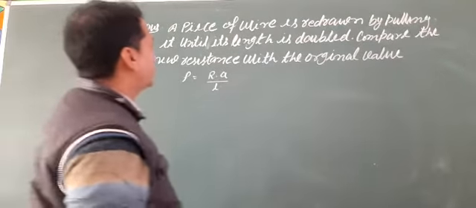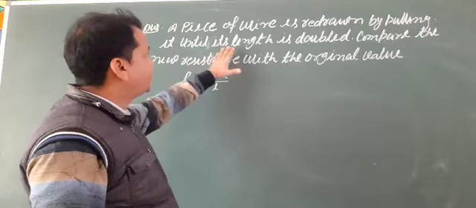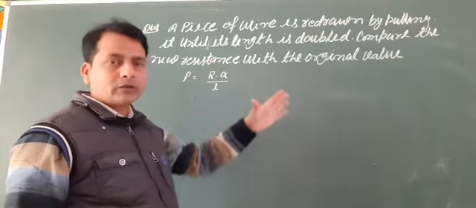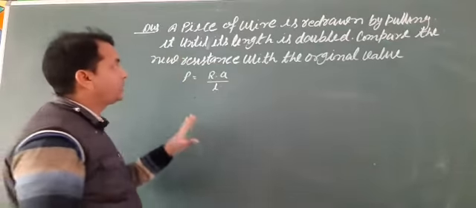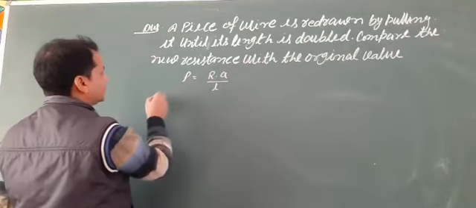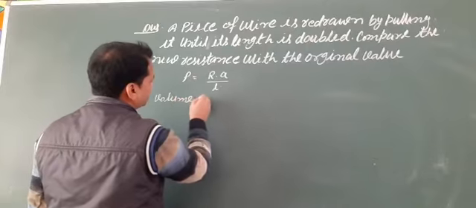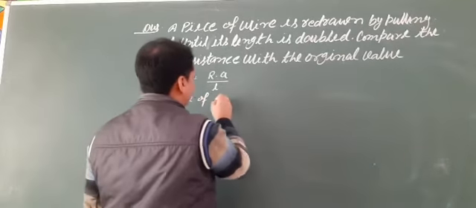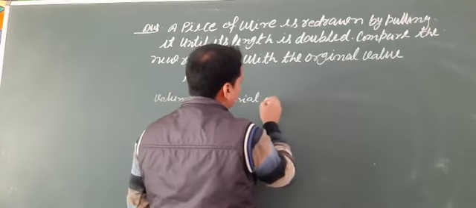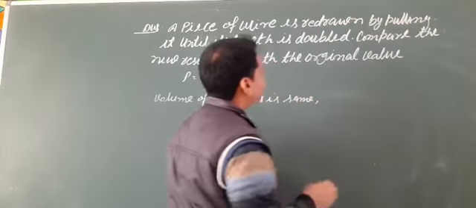So in this question, a piece of wire is redrawn by pulling it until its length is double. Compare the new resistance with the original value. Here it is given that the volume of its material is the same.